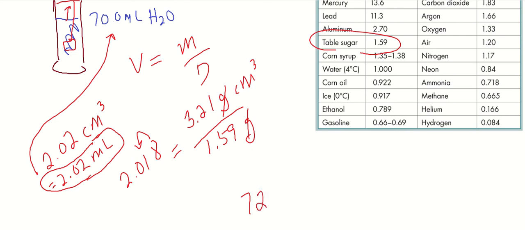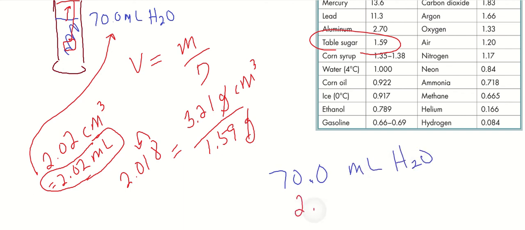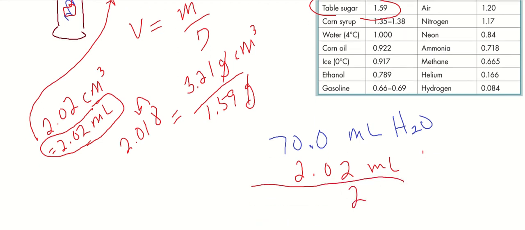Okay, so now watch this. When we're adding, try to keep these colors. There's the 70 mils of water, and we're going to add that to the 2.02 mils of the sugar that was added. When you add this up, you get a 2, a 0, a 2, that's 7 now.